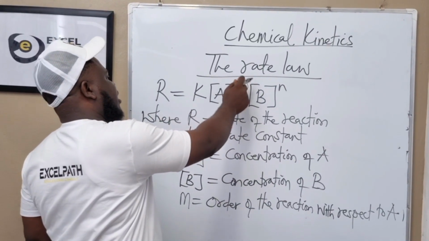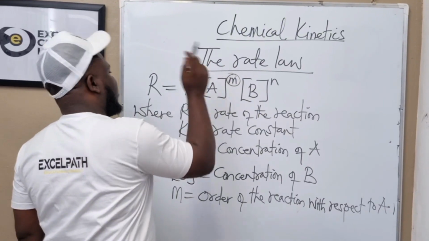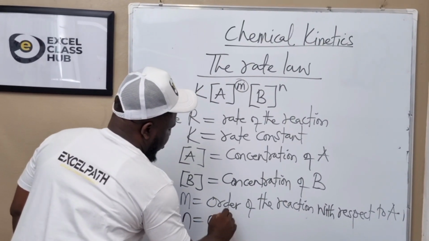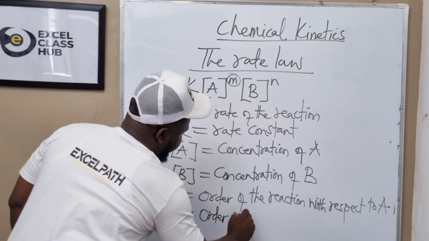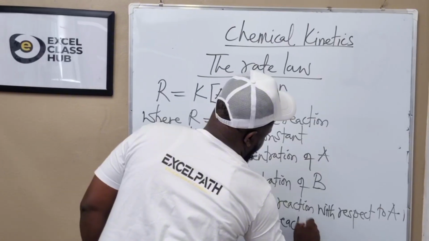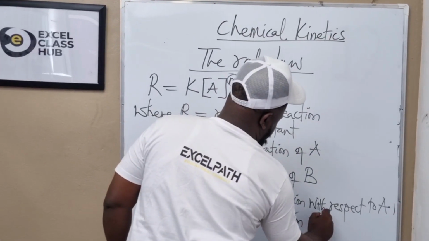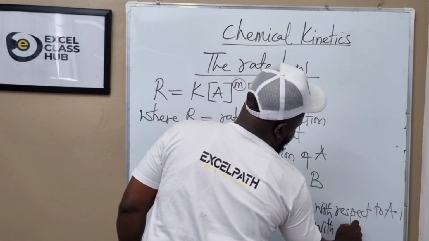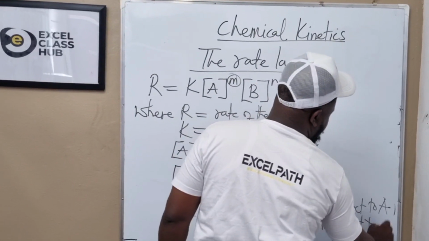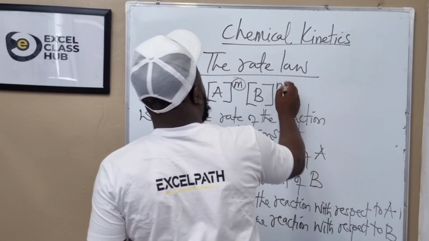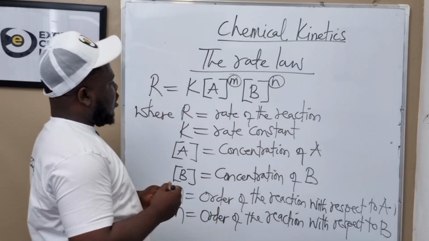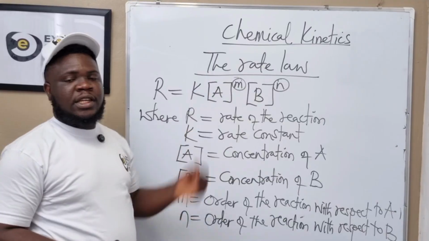Whatsoever you find here is the order of the reaction with respect to A. Then our N is order of the reaction with respect to B. So all this is what they represent in the rate law expression.